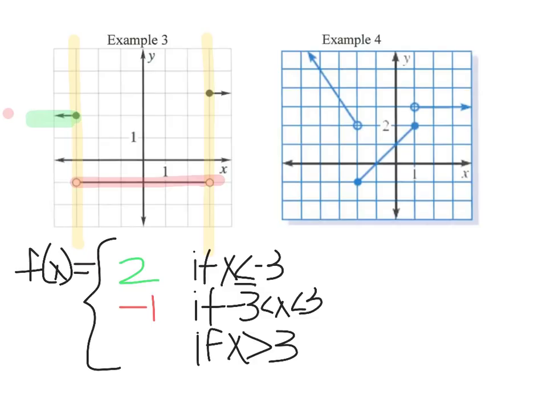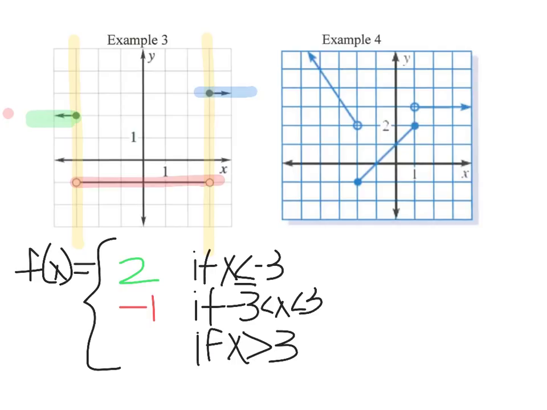Last but not least, we want to look at the part where x is greater than +3. So we're looking at that part on top that I just highlighted in blue. So that's also a horizontal line, and that would cross our y-axis at +3. So the equation of this line is y equals 3. So we know it's going to be y equals 3 when x is to the right of that yellow line.